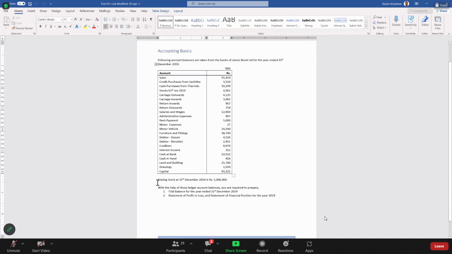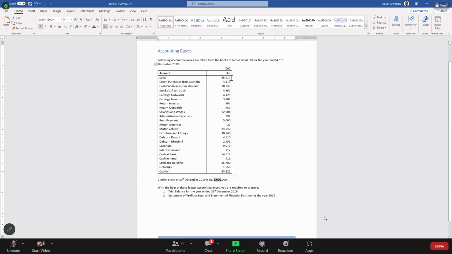Closing stock at 31st December 2019 is 5 million, so you have to get 5,000, because these are in thousands and you need to convert this. So 5,000 has to come in the statement, or else you need to expand this 27,000.